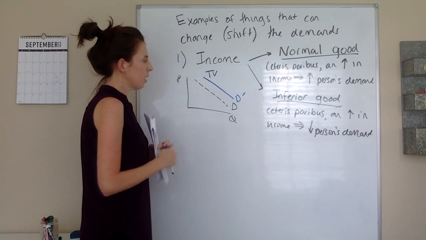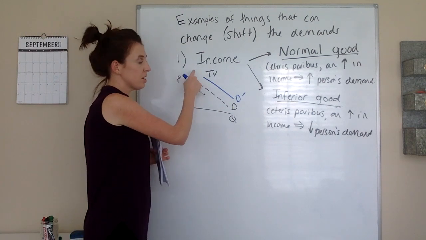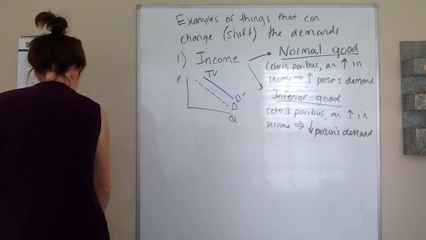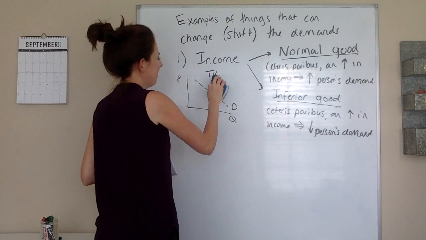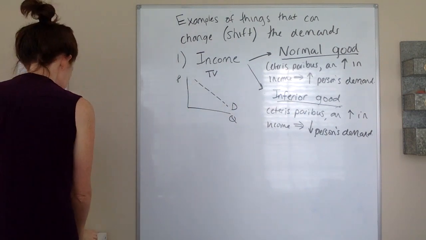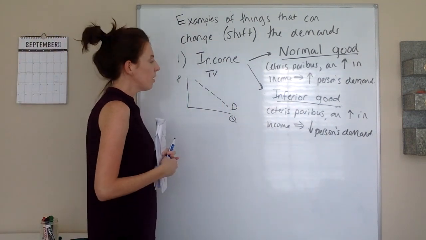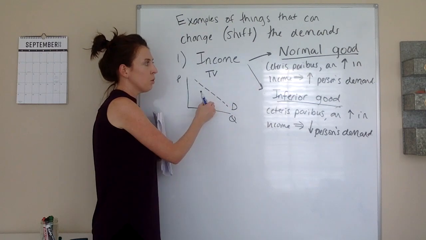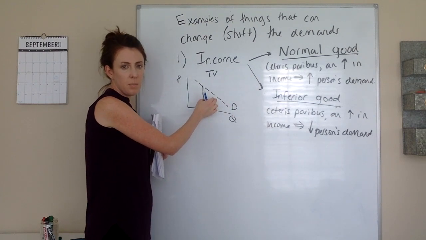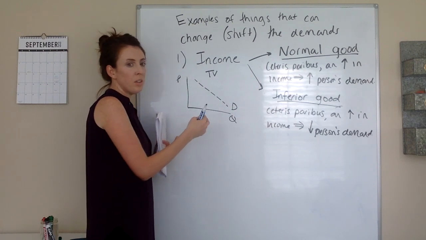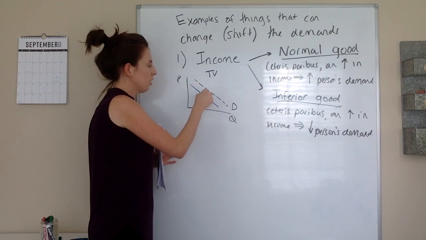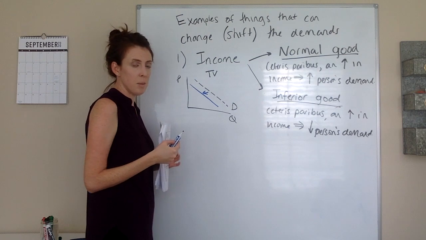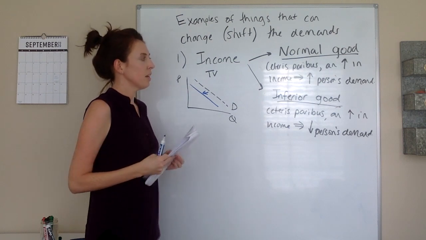Okay, what would happen in the market for TVs if we go into a recession? So maybe you're thinking about right now. And people's incomes fall. Well, in the TV market, since TVs are a normal good, anytime people start making less money, they're going to cut back on that thing. And so in that case, the demand curve would shift left. There'd be a decrease in demand if people's incomes go down.